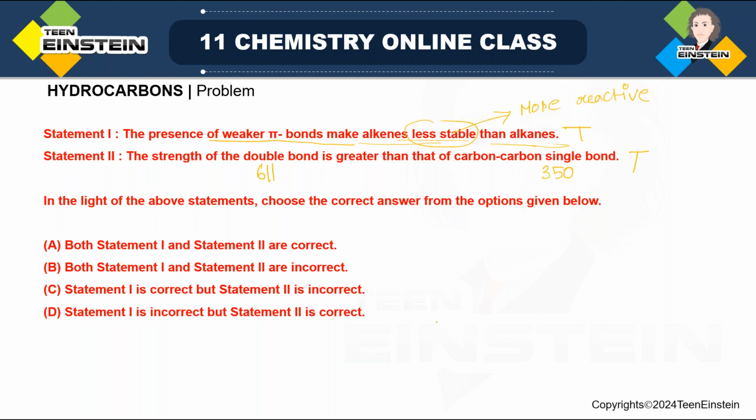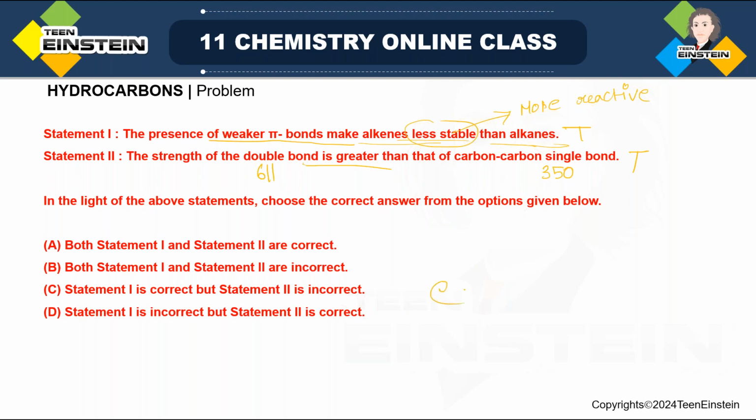Though these two statements at first glance seem contradictory, that we are saying presence of weaker bonds makes alkene less stable, they are more reactive, then how can the double bond, having more energy, be more reactive? But remember, when we are saying more reactive, we are just breaking the pi bond. We are not disturbing the sigma bond.